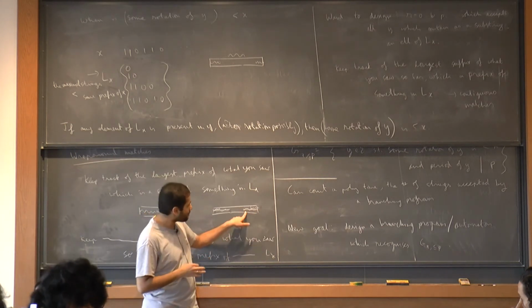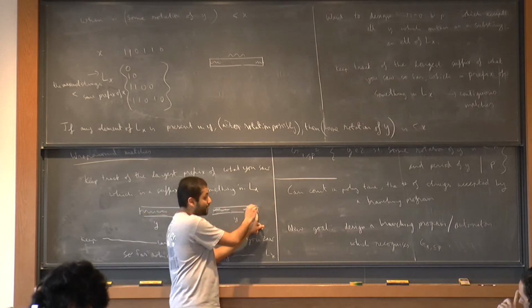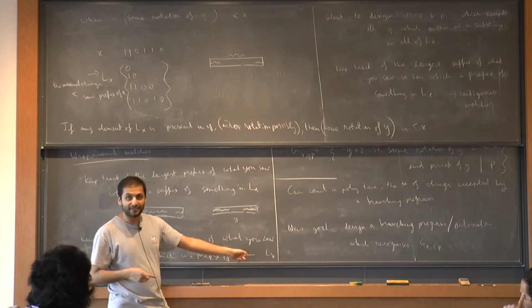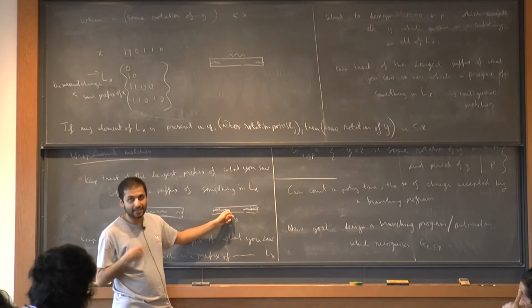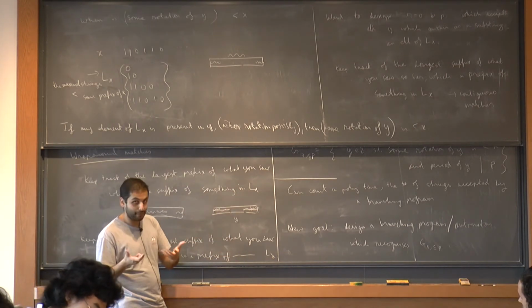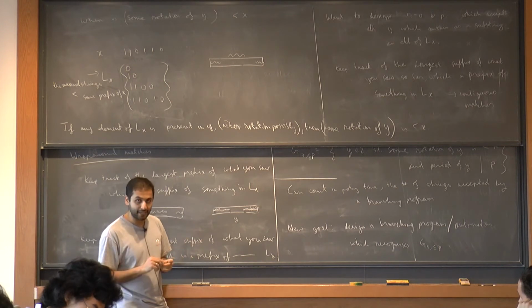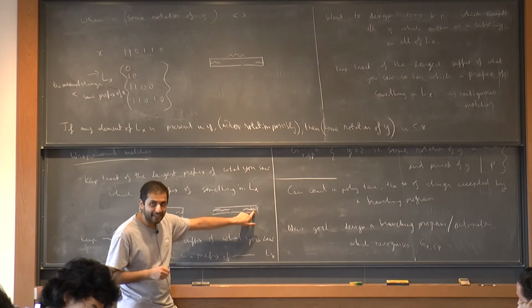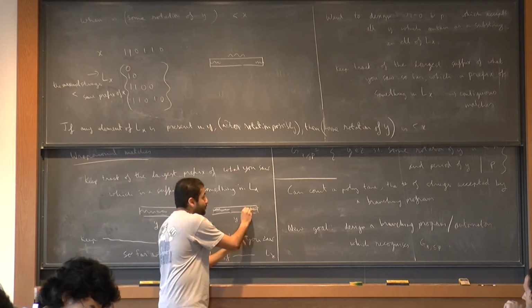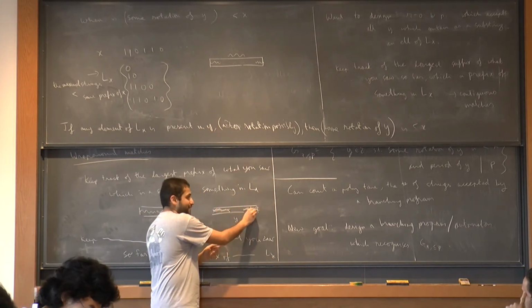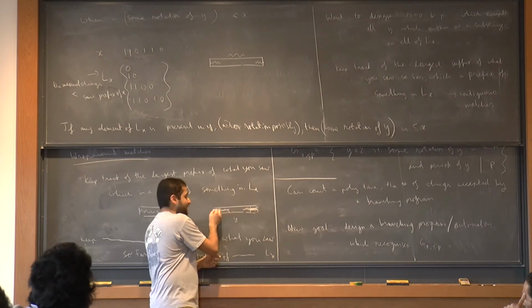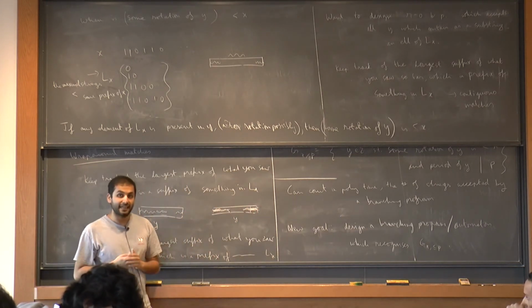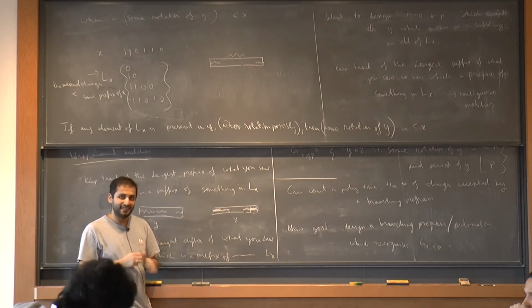But instead, you remember these characters by saying this corresponds to this prefix of something in Lx, and this corresponds to this suffix of something in Lx. So you can remember it with far fewer bits, log n bits. And then from that you can identify whether this part and this part together make something in Lx. Did that answer the question?